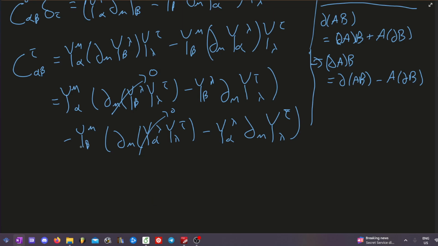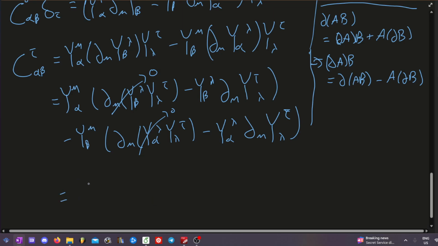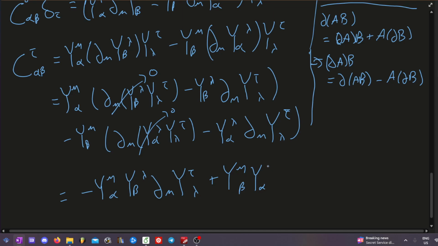Okay, so this top term here is going to have a minus sign. We're going to have minus y mu alpha y beta lambda del mu y tau lambda, plus, double minus sign so it cancels out, y mu beta y alpha lambda del mu y lambda tau.